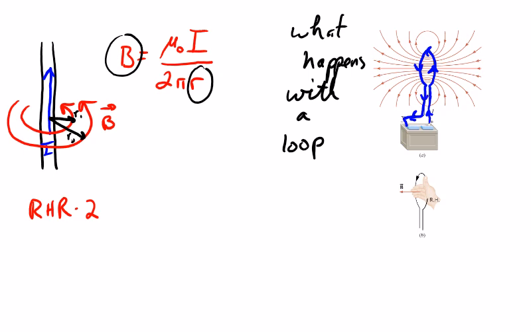You can see this magnetic field that's being created is still following the right-hand rule, right-hand rule number 2. If I take one section and put my thumb in the direction of the current, then my fingers are curling in the direction of the magnetic field.